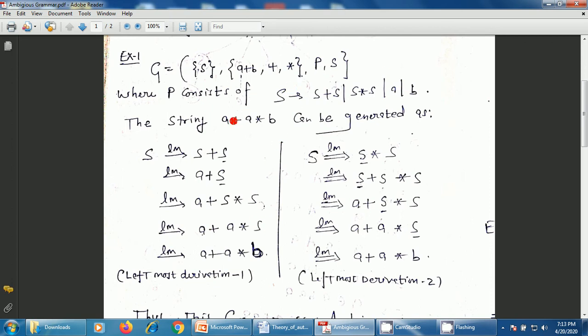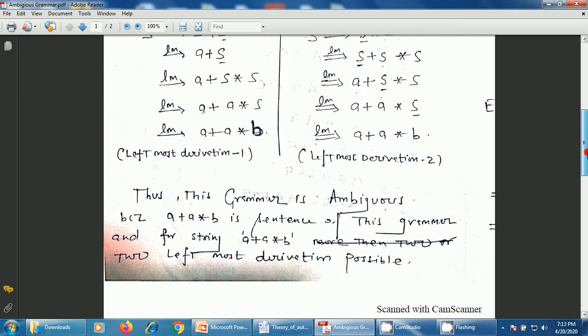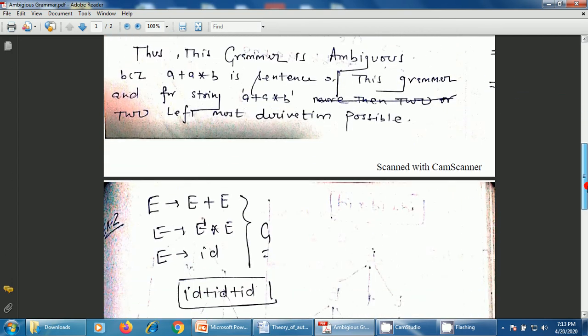Here, for the particular string a plus a into b, two leftmost derivations are possible. So it is very clear that this grammar is ambiguous grammar. Hence proved. This grammar is ambiguous because a plus a into b is a sentence of this grammar, and for this string two leftmost derivations are possible.